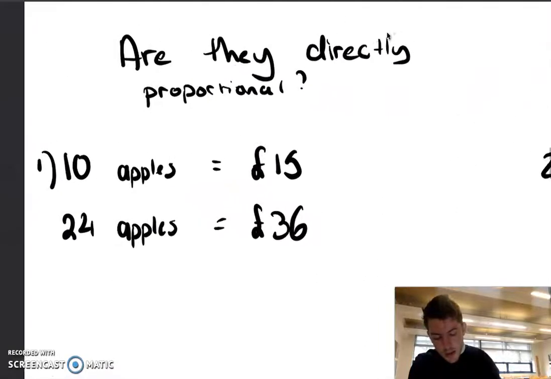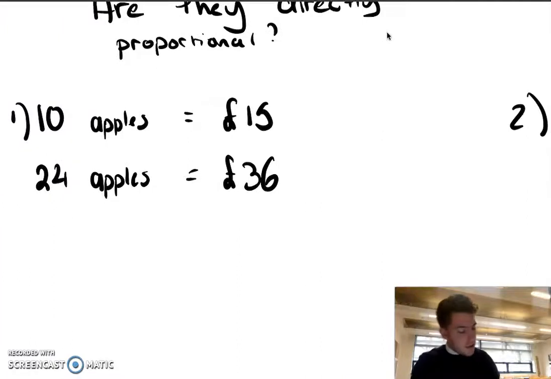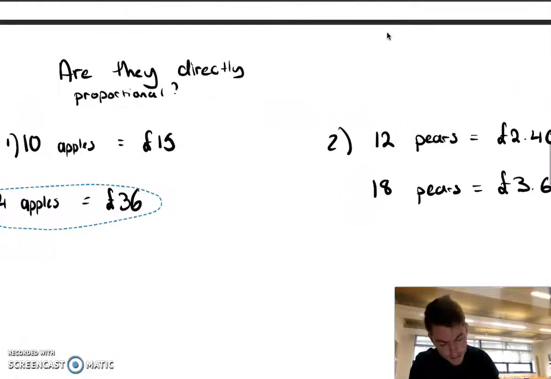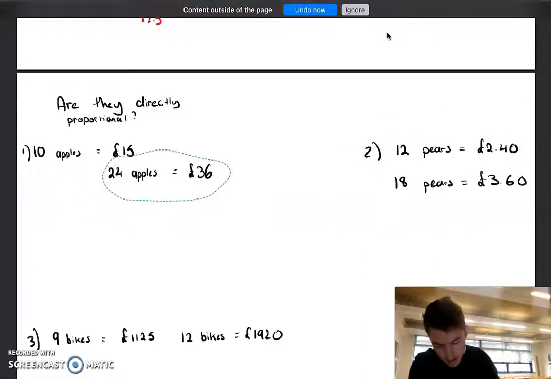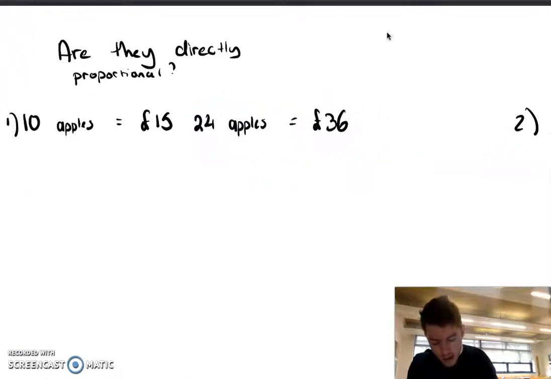So here's a model for you. Are these directly proportional? Well, I can see that 10 apples equals £15. And another shop, let me just put it here. Oops, sorry, let me just move this, and let's have a look. Okay, if I divide them both by 10, one apple equals £1.50.